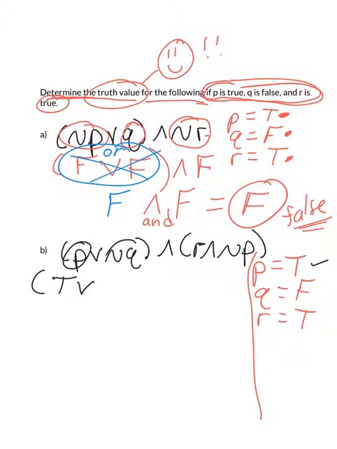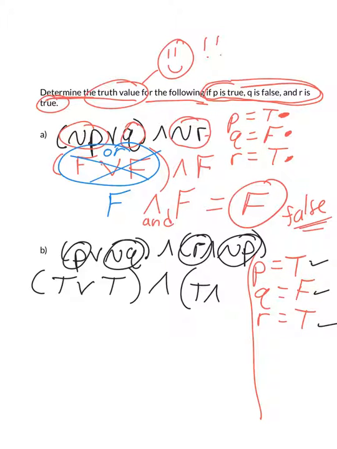If I'm negating Q, and Q is currently false, when I negate a false, it becomes true. Bring down the and in the middle. Don't worry about it yet. Plain old R, they tell you R is true. Bring down the and, negate P, so negating the true is false. Now we'll do inside parentheses.